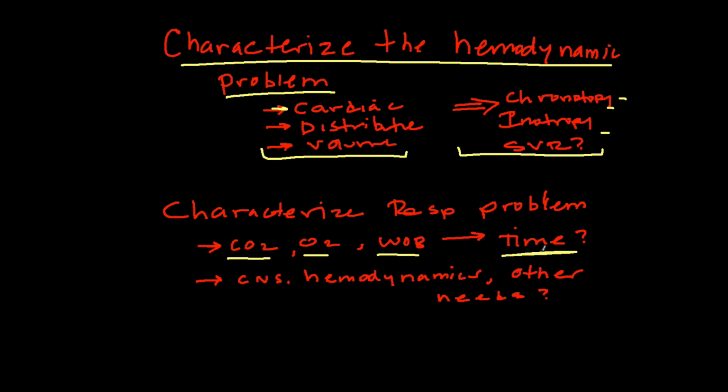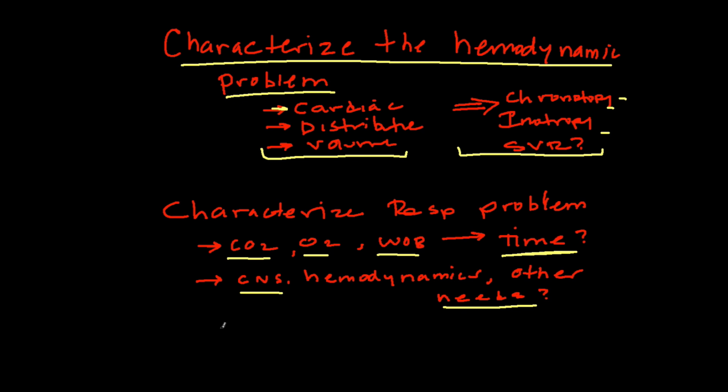Do you have a crash situation where you have to intubate like yesterday, or are you just starting to get trends in the wrong direction, and you can temporize that with non-invasive ventilation? You also want to know what's going on with their brain, their hemodynamics, and what are their other needs, are there other surgical needs, etc., because that will tell you whether you want to use non-invasive ventilation or cut to the chase and intubate.